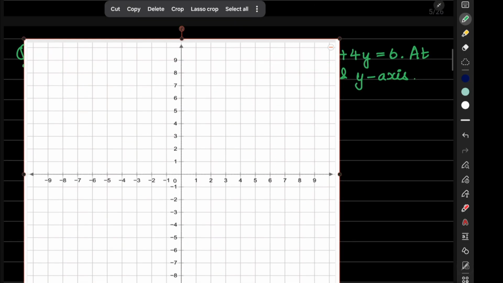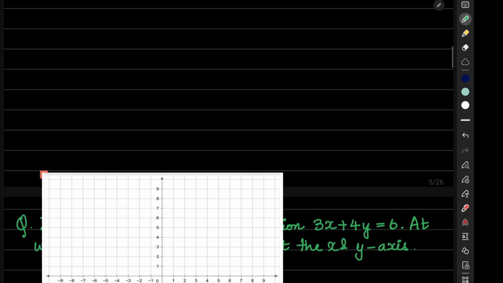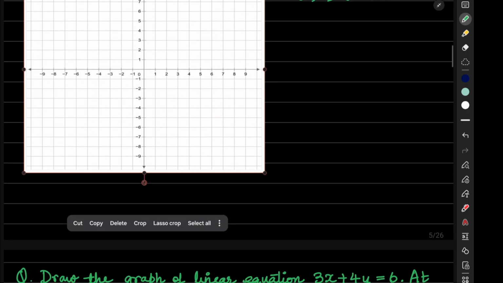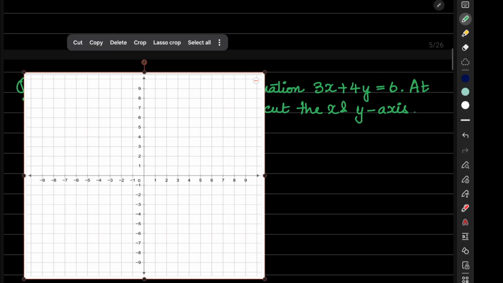So let's plot it here. I've got a graph. I'll just shrink it and take it above.